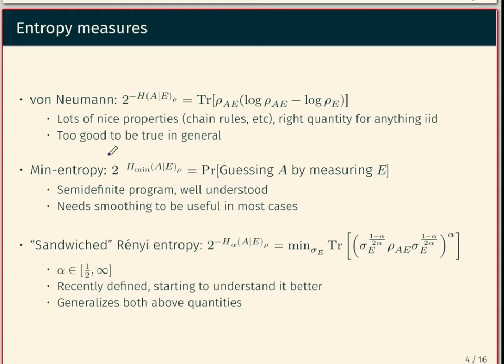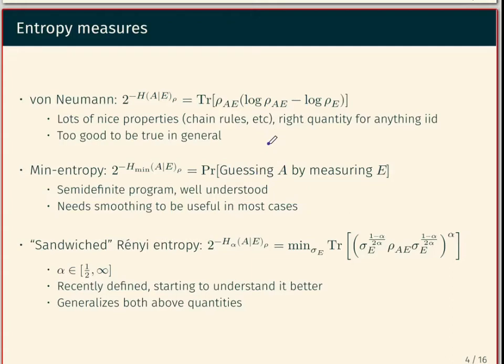The first choice we might think of is the von Neumann entropy, which is defined like this here. It has all kinds of nice properties, so it has chain rules. Whenever we have an IID state, we know it's the right quantity to look at. However, in the general case, when we don't have an IID structure, it's too good to be true.